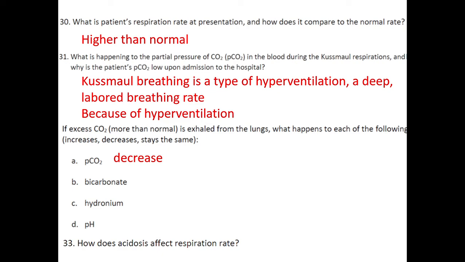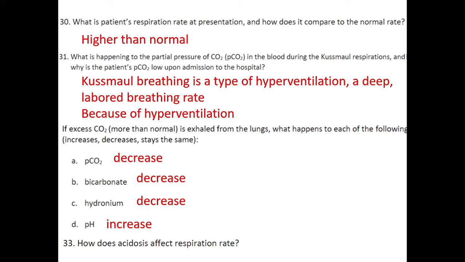Bicarbonate will decrease. How about hydronium, H+? H+ will also decrease. So when we have decreased H+, what do you know about pH? pH will increase. And when the patient has acidosis, the patient does want an increased pH, right? Increased pH will help a patient with acidosis.